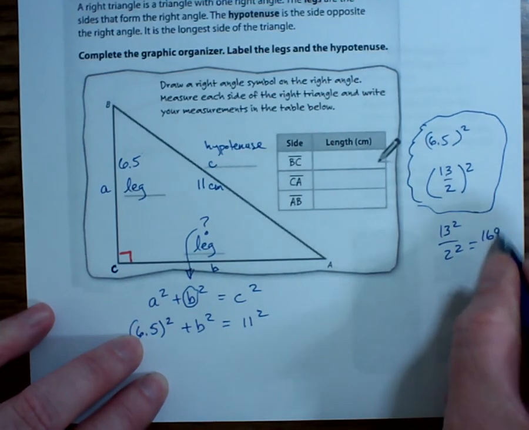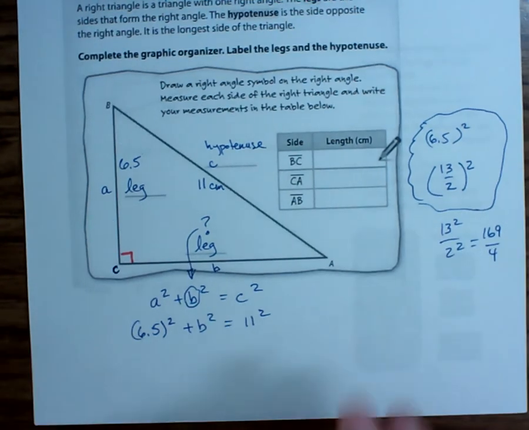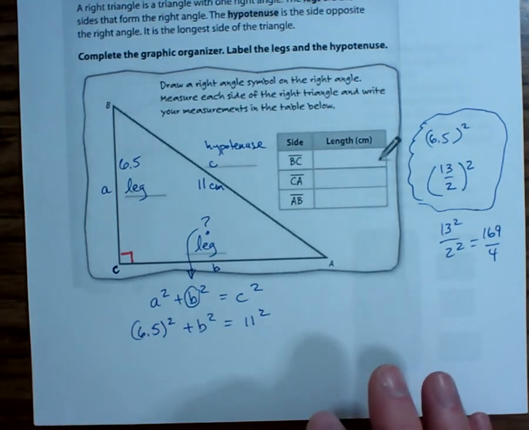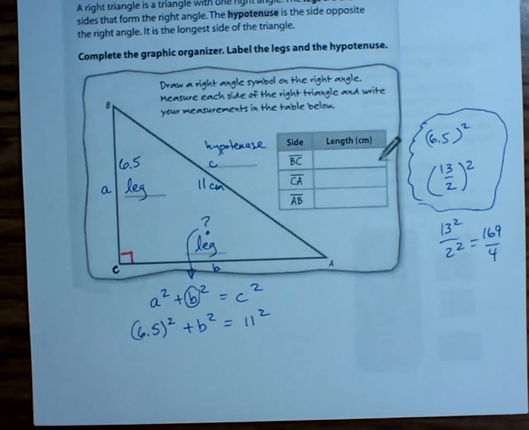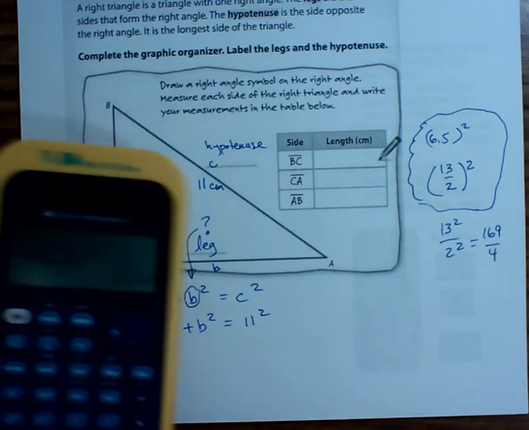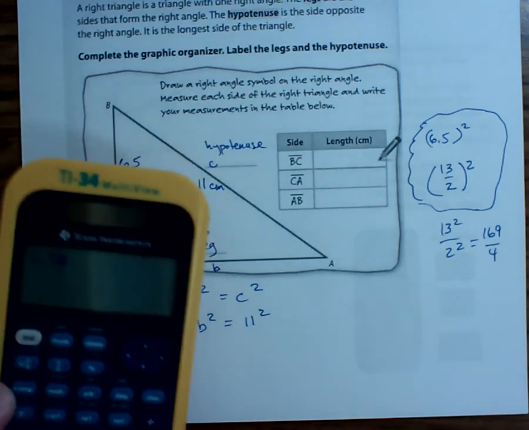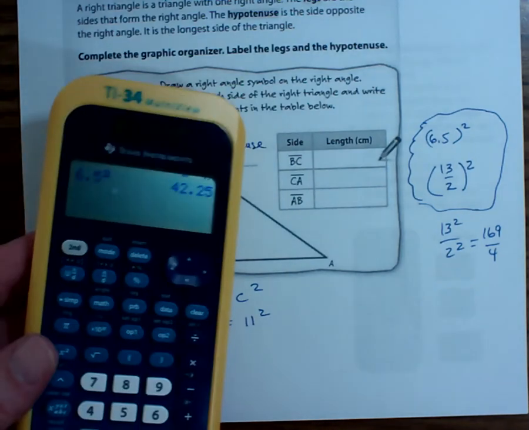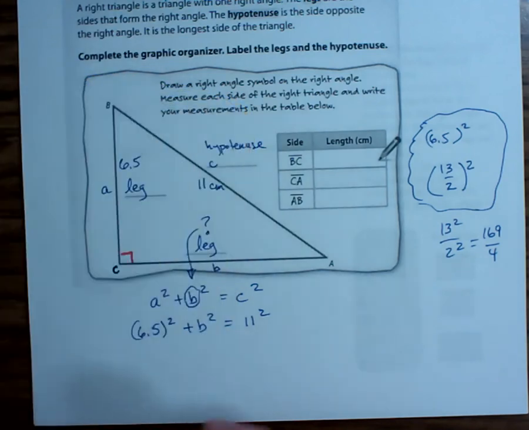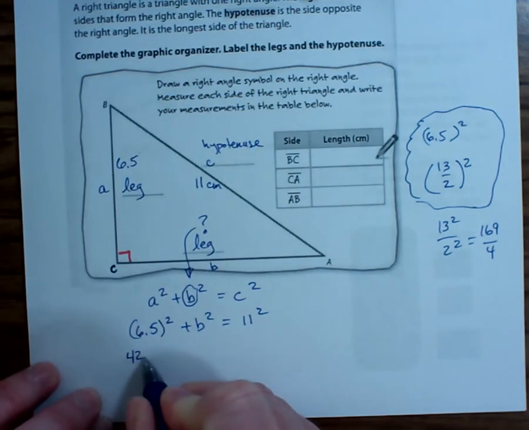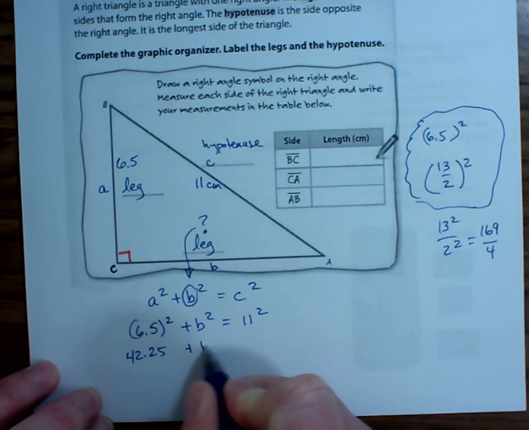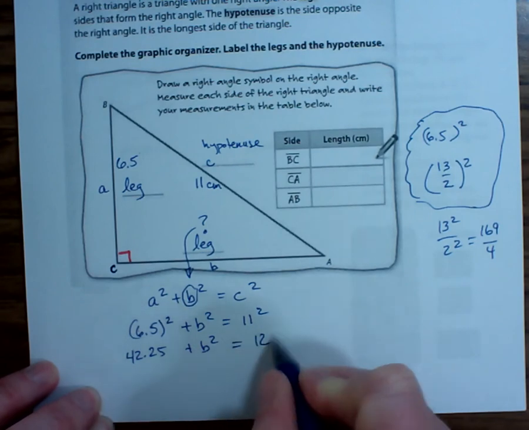It's 169 over 4. If you didn't have a calculator. So I have a calculator. I'm going to do 6.5 squared. Gives me 42.25. Plus B squared equals 121.